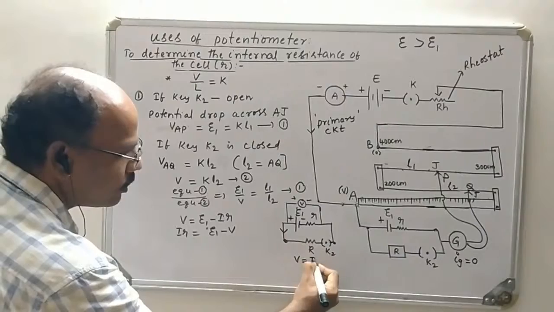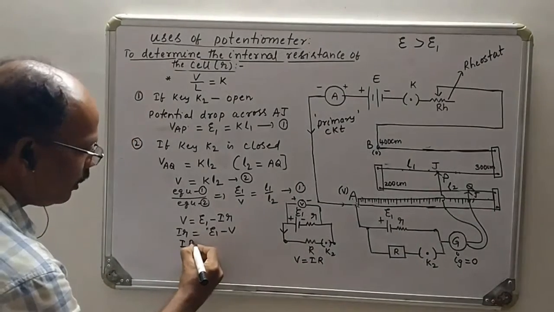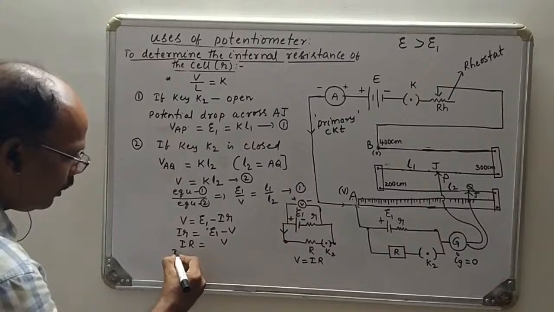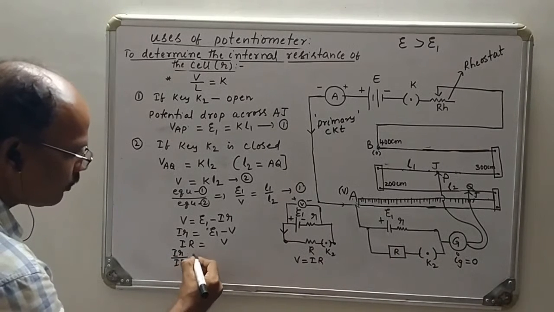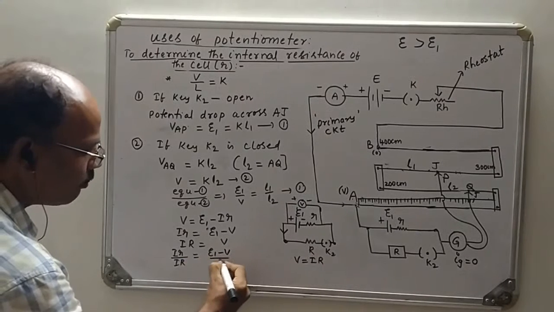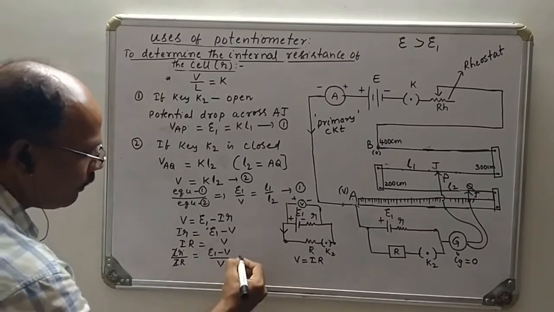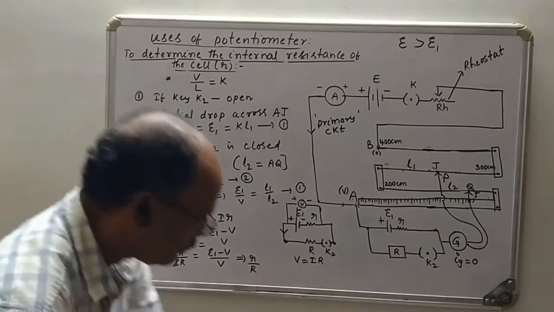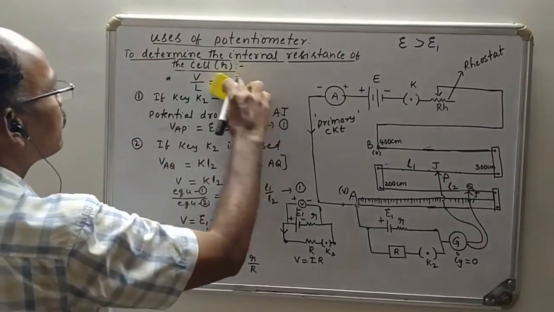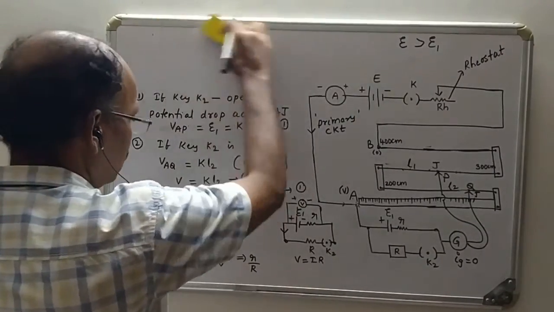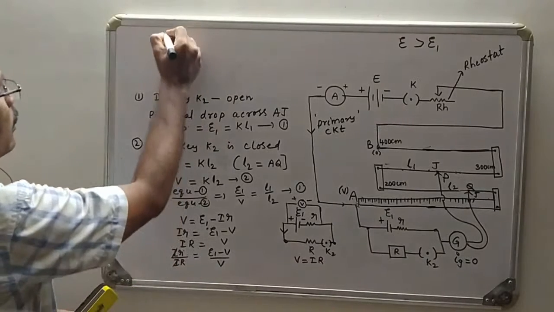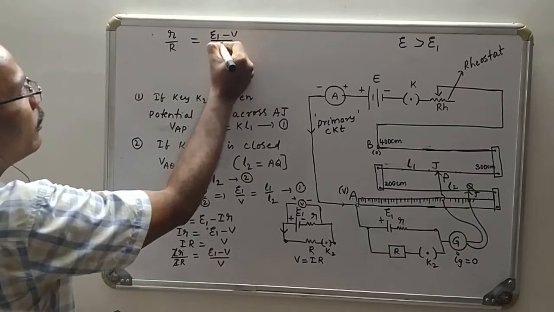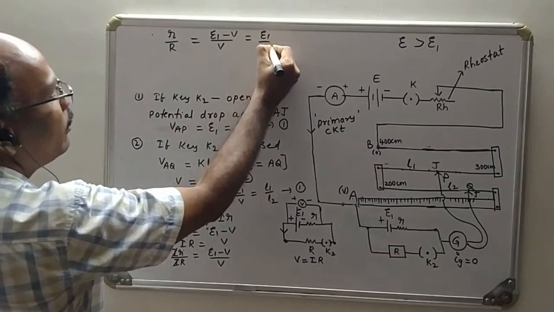That is nothing but V is equal to I R. So we can write I R is equal to V. And dividing these two, I r by I R is equal to E1 minus V by V. So cancel I, and finally we get small r by capital R is equal to E1 minus V by V. So this can be written as E1 by V minus 1.